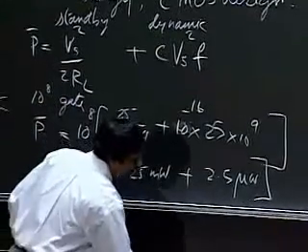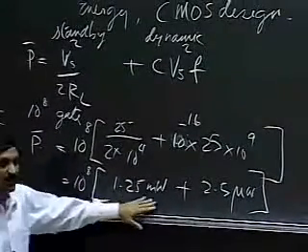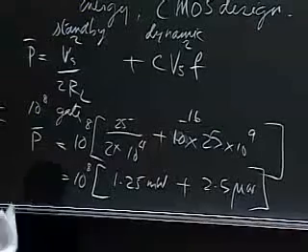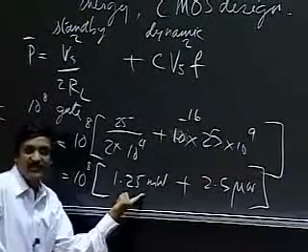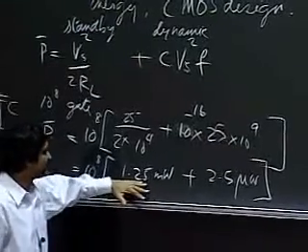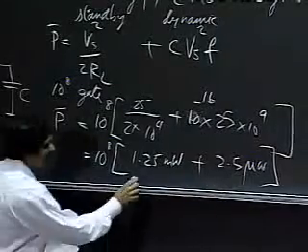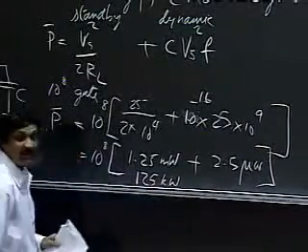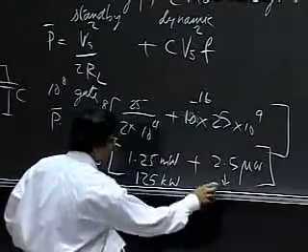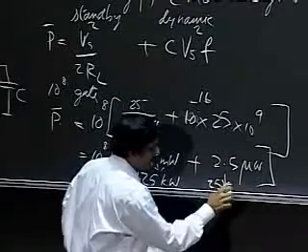So this should come as a bit of a shocker. If I take 1.25 milliwatts and multiply that out by 10 to the 8, this says that each gate suffers a standby power loss of 1.25 milliwatts. So times 10 to the 8, I get 125 kilowatts. And this guy yields 250 watts.